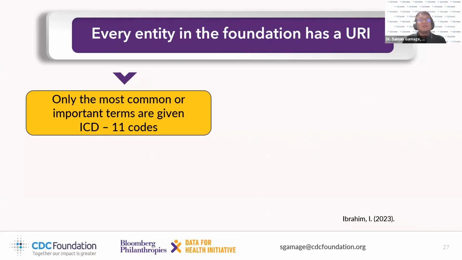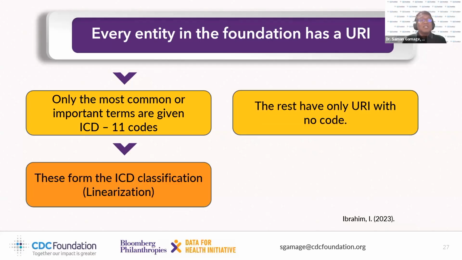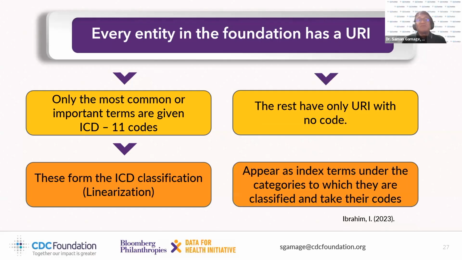This means not all URIs have ICD-11 codes. These form the ICD classification or linearization. The rest have only a URI with no code, and appear as index terms under the categories to which they are classified and take their codes.